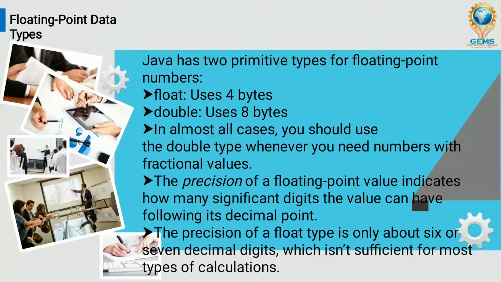So the content talks about double and float. Float size is 4 bytes and double size is 8 bytes. Float helps us store decimal values up to 6 or 7 digits, and double helps us store more digits than float.